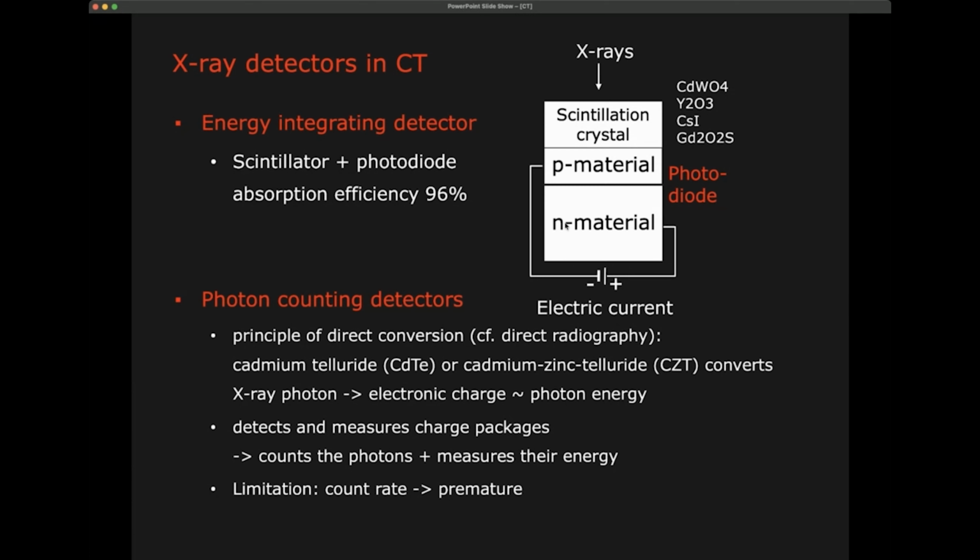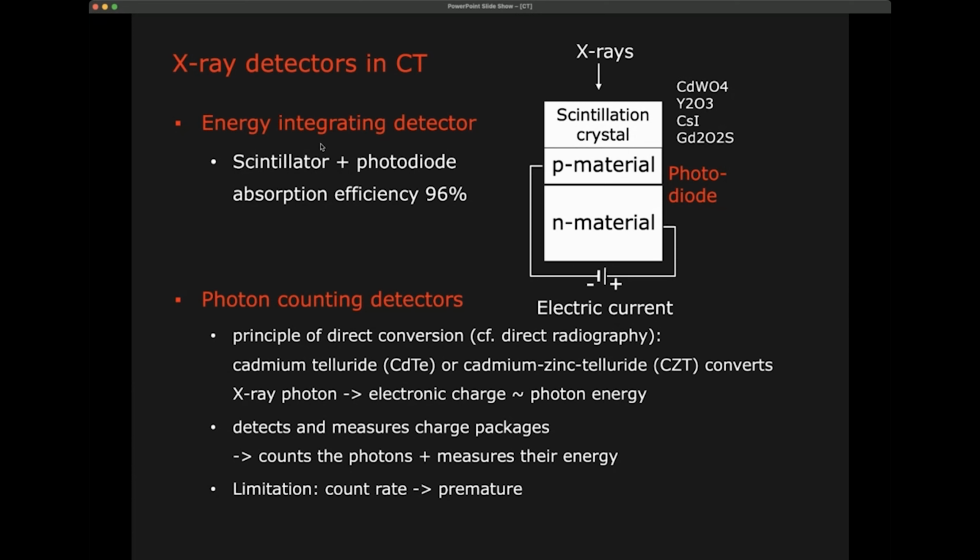That's the really typical type of detector that we use. And there are many materials nowadays that you can have, based on cadmium, yttrium, cesium, gadolinium. So there are all different types of detectors. Now, that's the very typical one.